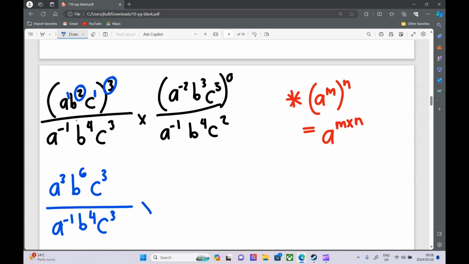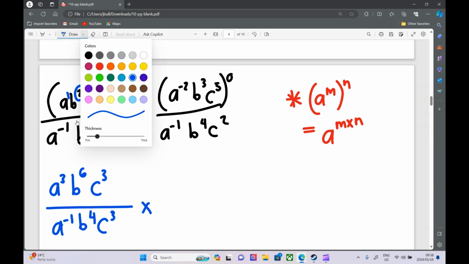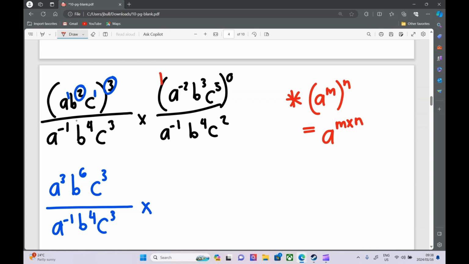Then we are going to use the same rule for this one here. Well, in fact, I'm not. They're trying to make us do some work there. But what we're going to do for this bracket here, we are going to use a different law. So this law is anything to the power of 0 is just 1. So that means this whole bracket to the power of 0 just becomes 1.